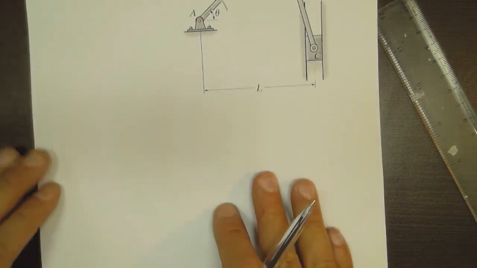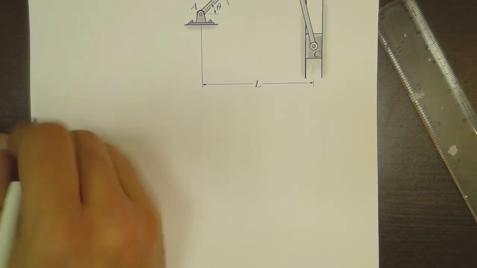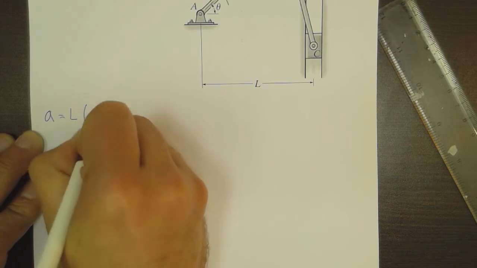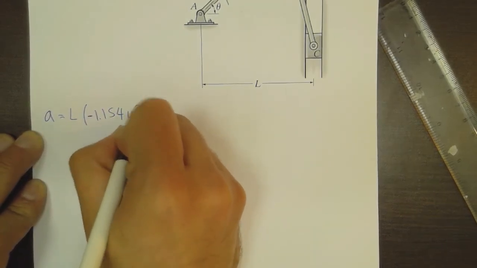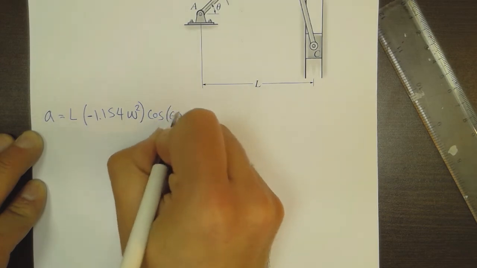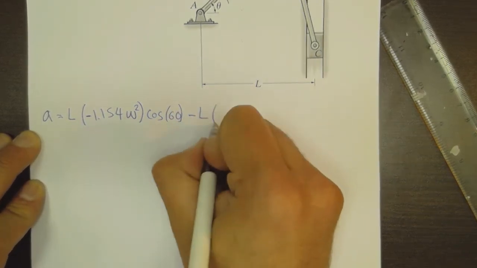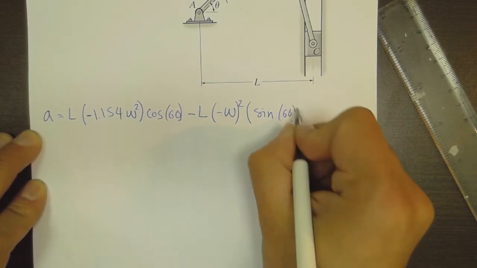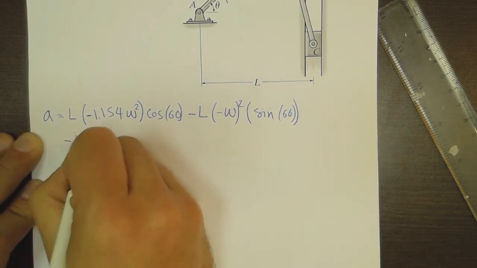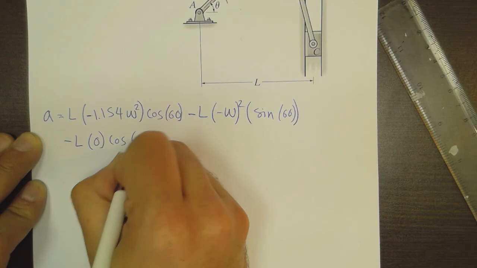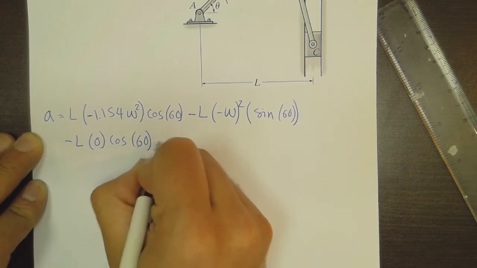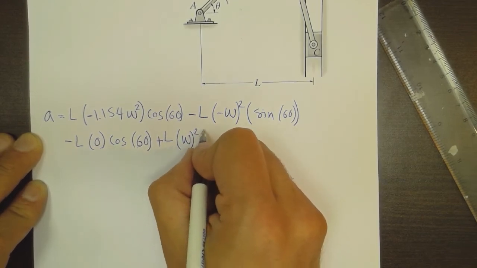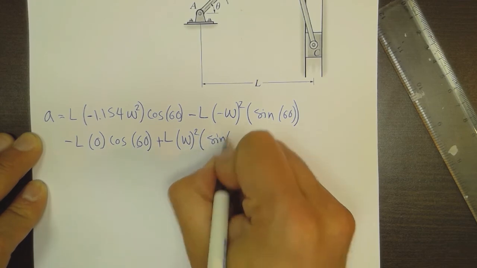I already have the equation of the acceleration. I'm just going to substitute the values. So a equals L times minus 1.154 omega squared cosine 60, minus L times minus omega squared times sine 60, minus L times 0 cosine 60, plus L omega squared times sine 60.